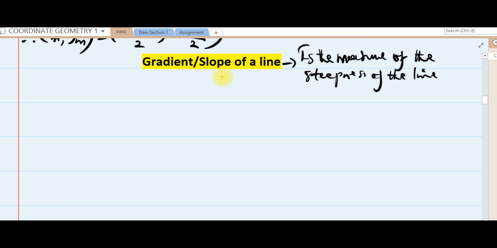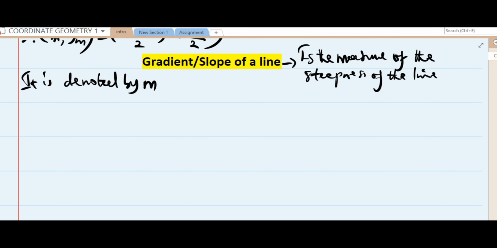So once we talk about slope, we are talking about a slant line. It must be a slant line. So let's get an expression for that. It is denoted by the letter m.